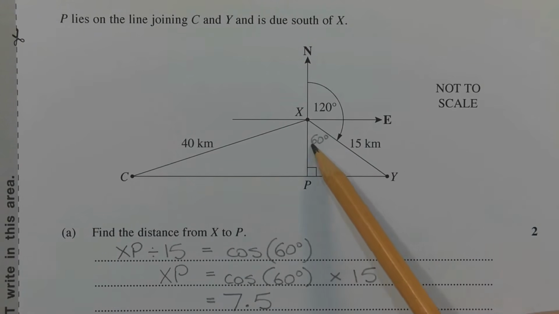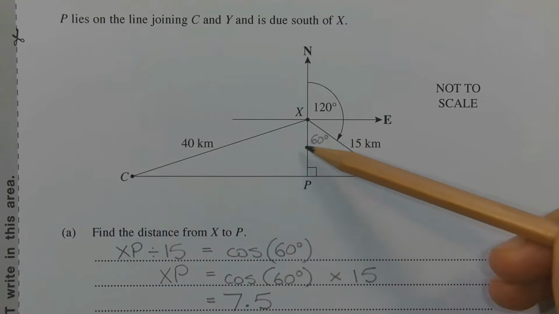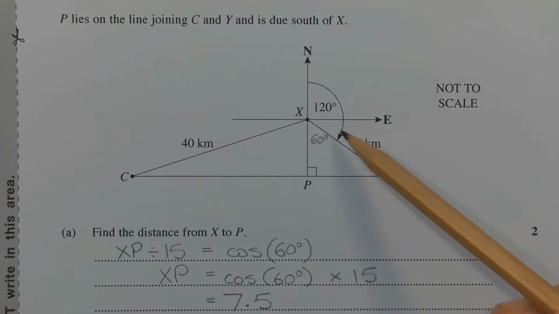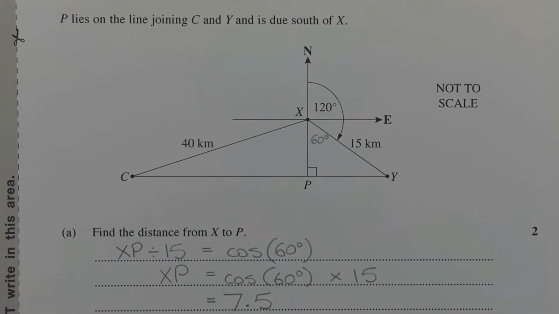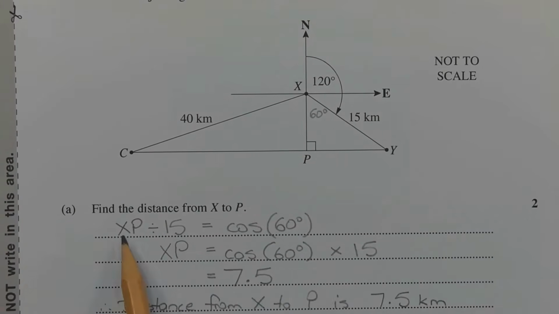So this is our angle. This is the adjacent side. This is the hypotenuse. So using SOHCAHTOA, we need to apply the cosine trigonometric ratio. Adjacent over hypotenuse is equal to cos theta.